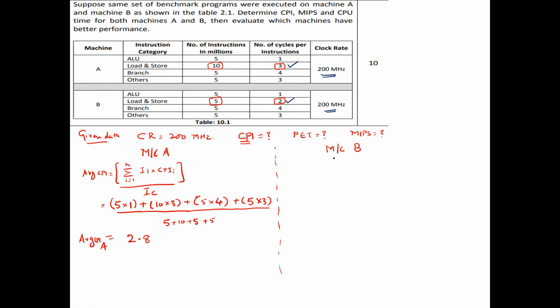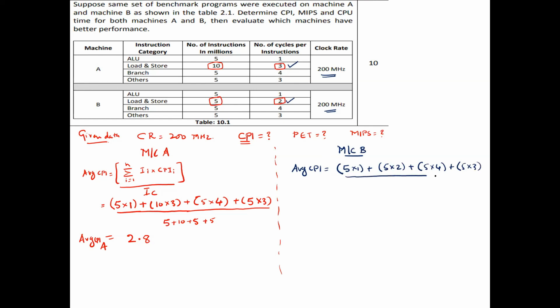We will also calculate for machine B. Now what is for machine B? Again, substitute the average CPI formula. Average CPI is equal to, formula will remain same, 5 multiplied by 1 plus 5 multiplied by 2 plus 5 multiplied by 4 plus 5 multiplied by 3.